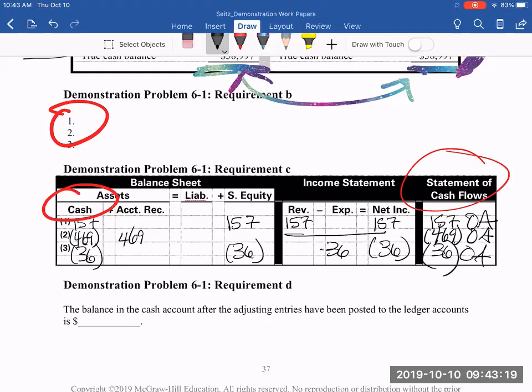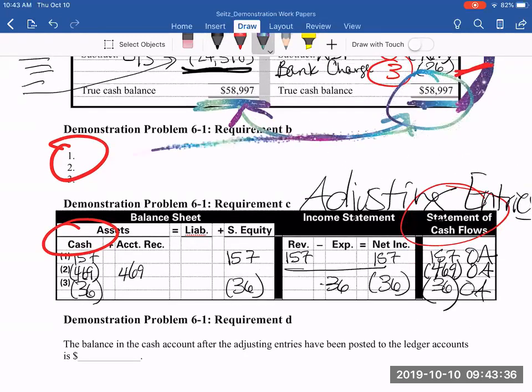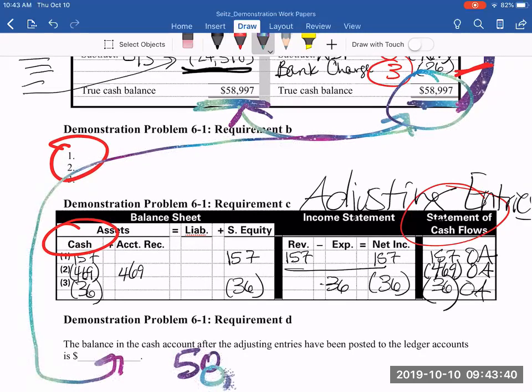Okay, so what should the balance in the checking account be after all these adjusting entries, because these would be called adjusting entries. What would the bank balance be? Well, it's this magical number here, 58,997.